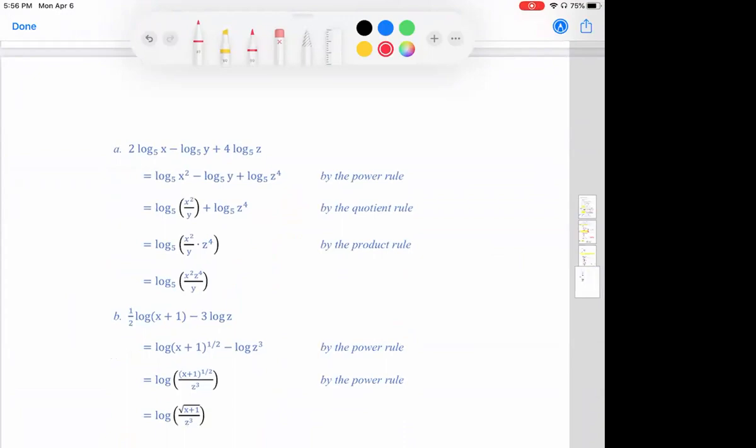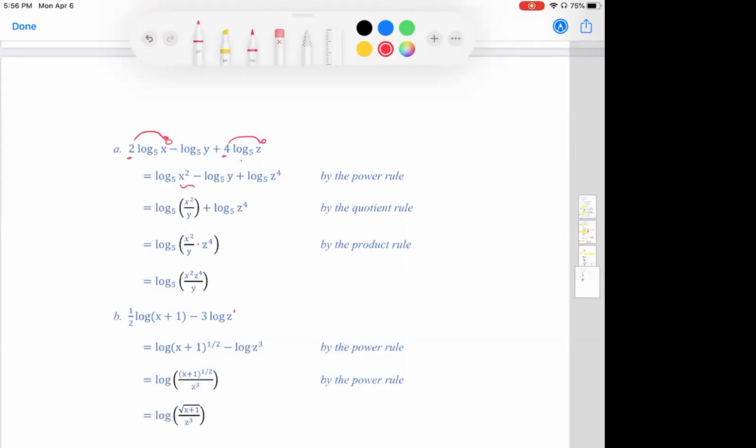Well, my advice is work with those numbers that are being multiplied on the front. Make those exponents so that you don't have numbers to worry about. So 4 is going to be my new exponent. All right. So I have log base 5 of x squared minus log base 5 of y. And now my 4 is an exponent. Log base 5 of z to the 4th power.